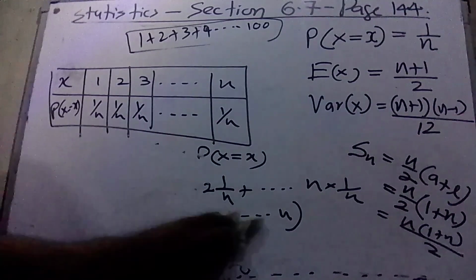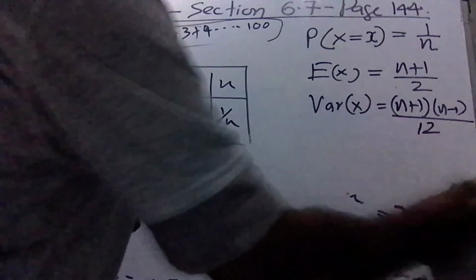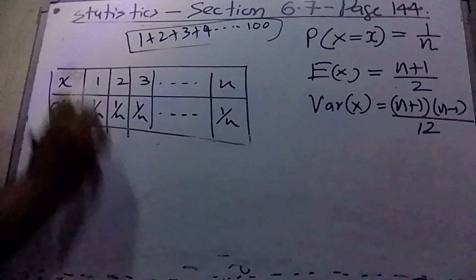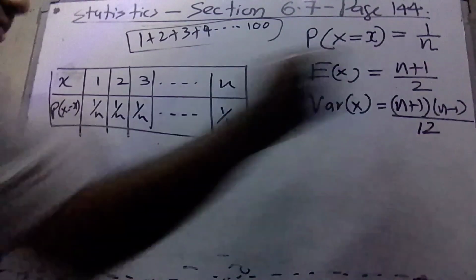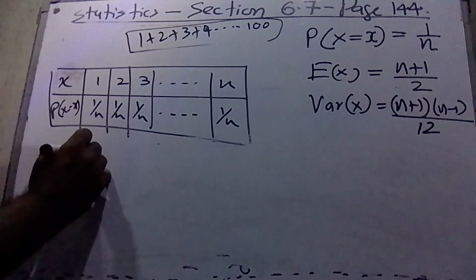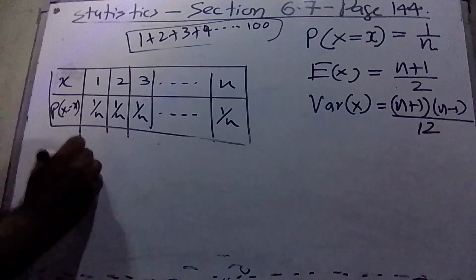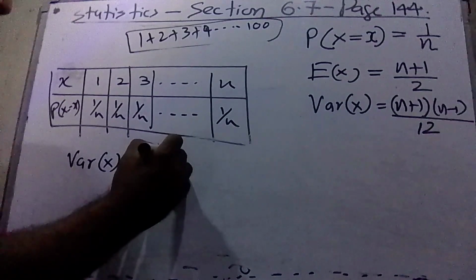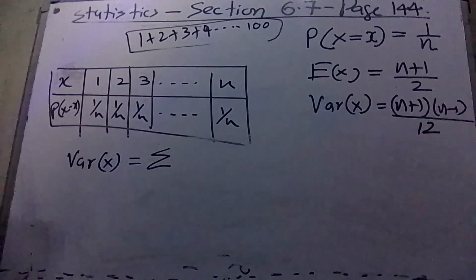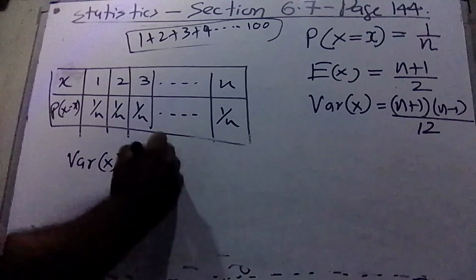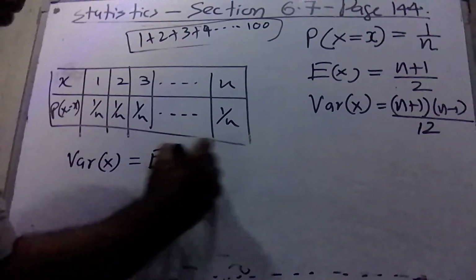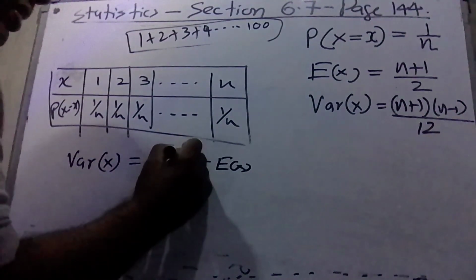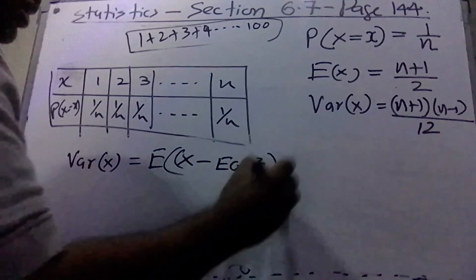I'm not going to go into the variance now, but the idea is, from each value, the expected value is this one. So what we have to do to get the variance is take the expected value of (x minus the expected value) whole thing squared.